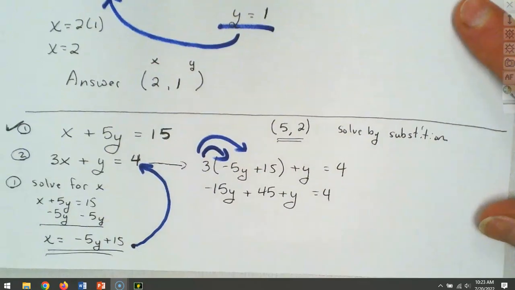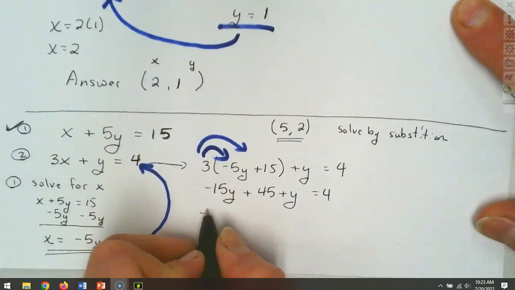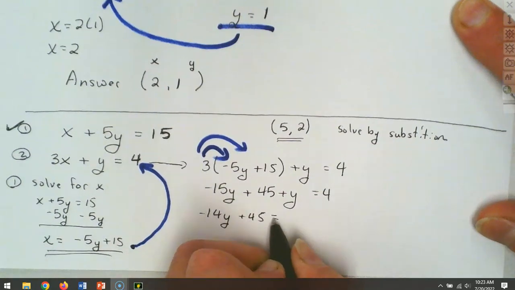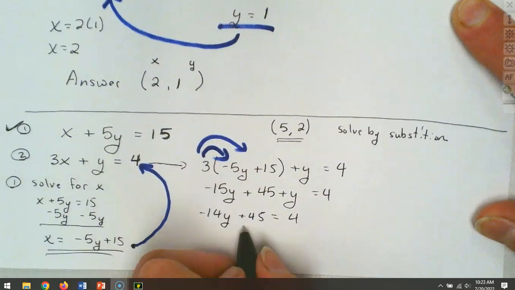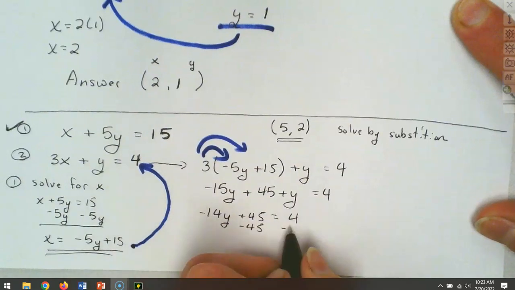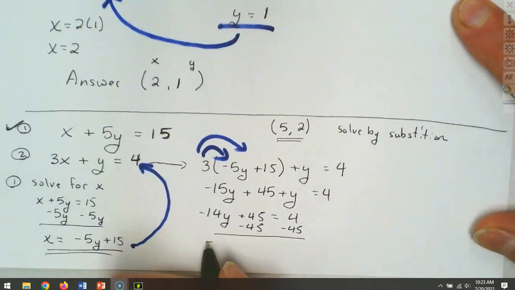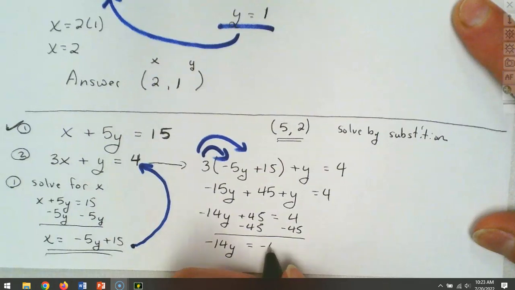We're going to combine those together. So that makes it negative 14y plus 45 equals 4. We're going to move that 45 over. And that gives you negative 14y equals negative 41.